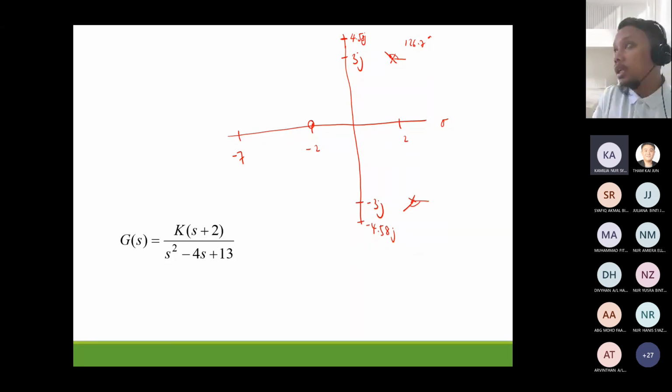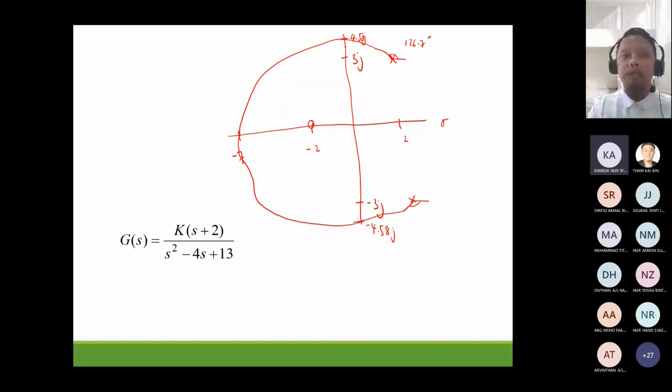Okay, so the root locus will start something like this, and then cross the j omega axis. And then when it crosses, it must break in at this point here, the break-in point.